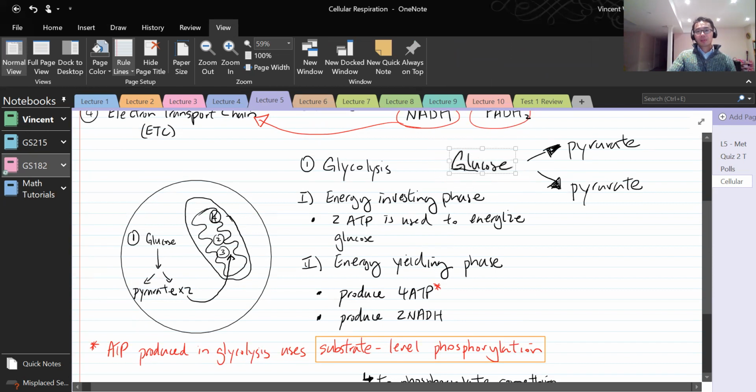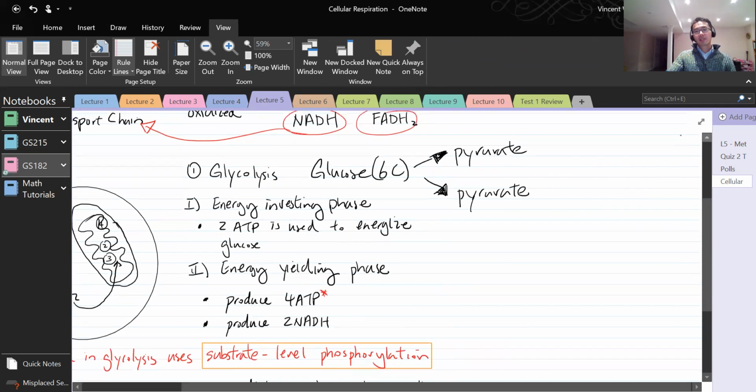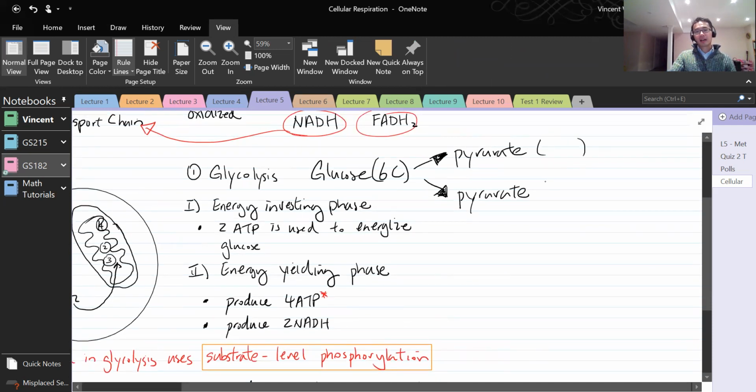Glucose has 6 carbons. So if you split it into 2 pyruvate, how many carbons does each pyruvate have? Yeah, 3 is correct. 3 carbons.